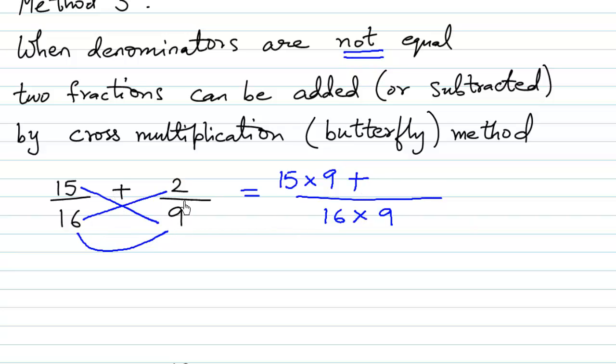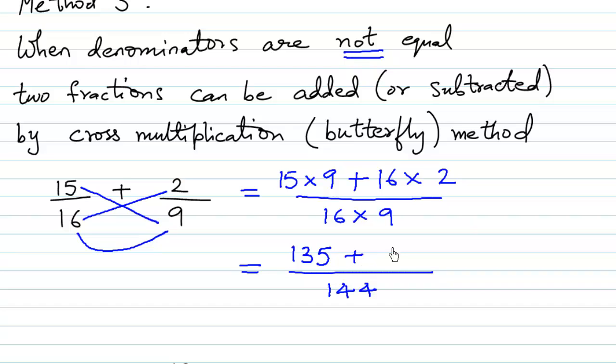So this is like cross multiplication, and 16 multiplied by 2, and 16 nines is 144, 15 nines is 135, plus 16 twos is 32.